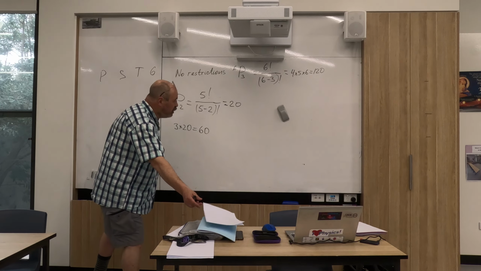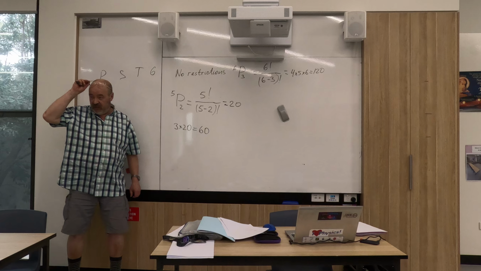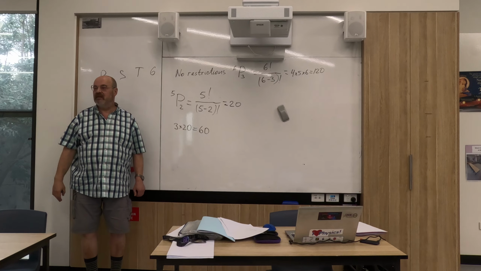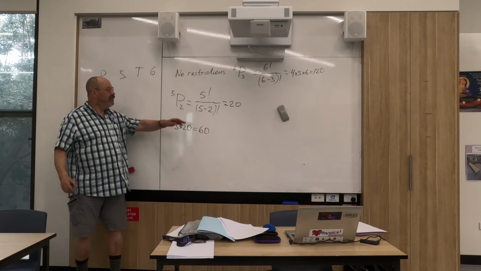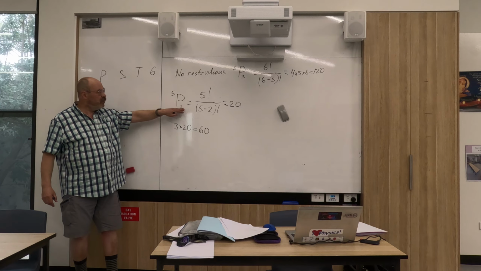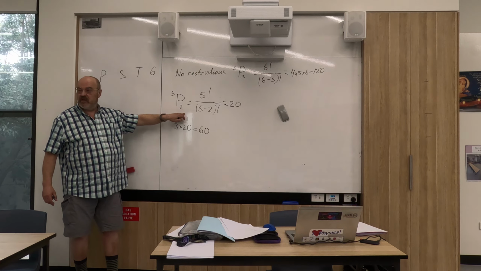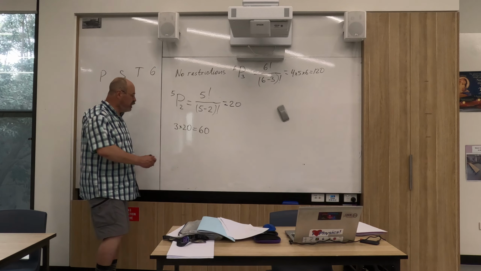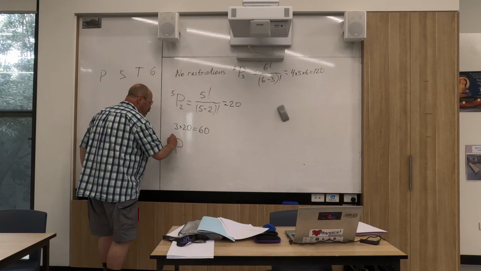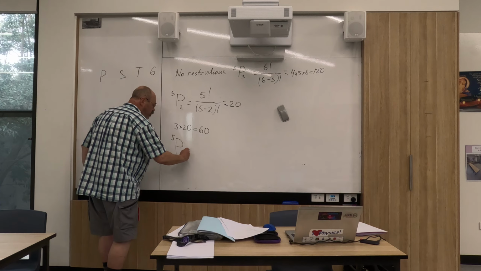And the last one: Bob is not in any of the positions. What does it become? It becomes choosing 3 out of 5, so the permutation of 3 out of 5.